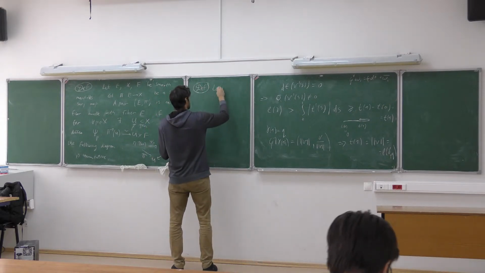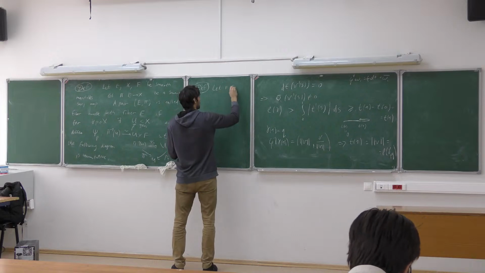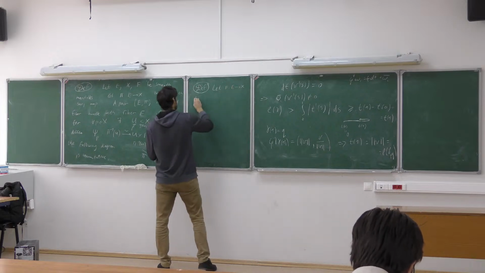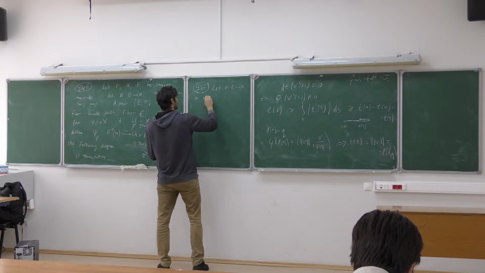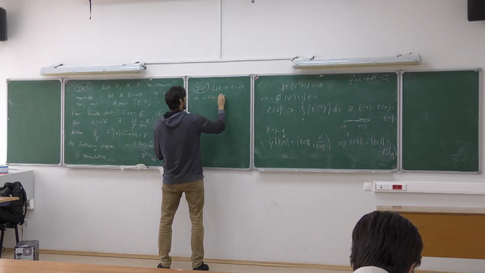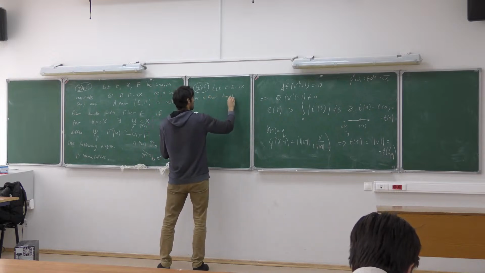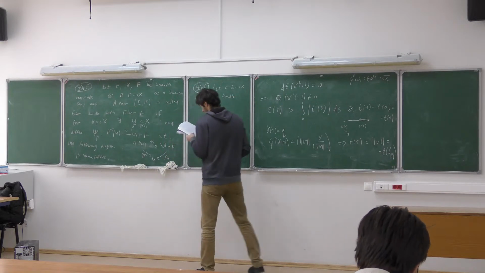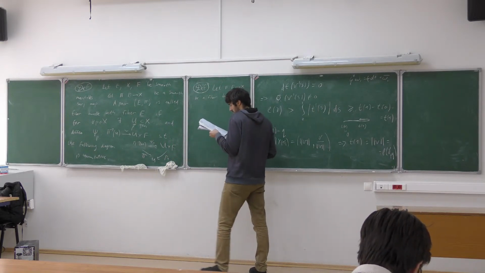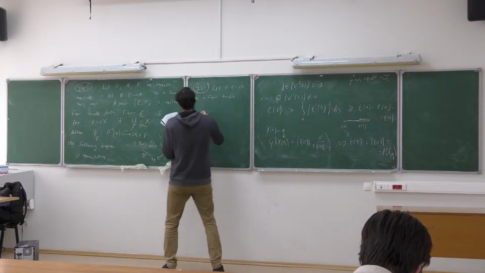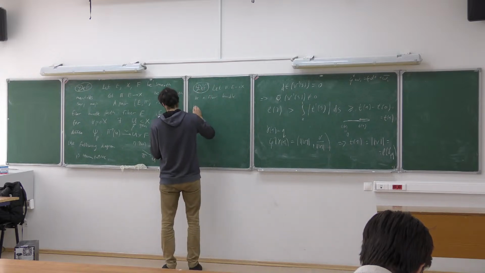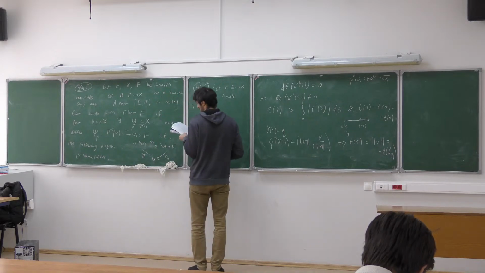Again, let pi from E to X be a fiber bundle, and I don't specify what the fiber is here. First I need to define the so-called vertical bundle.